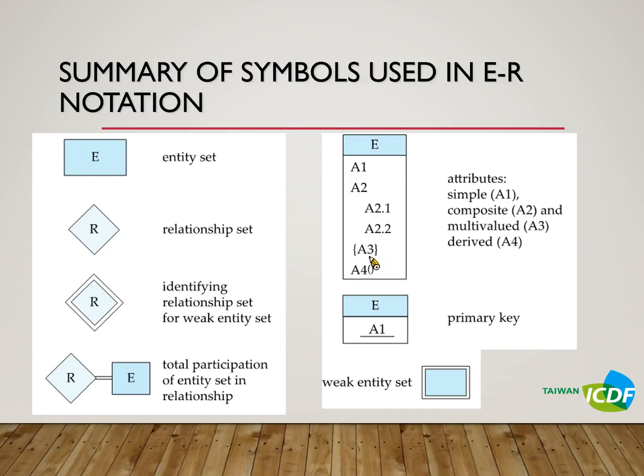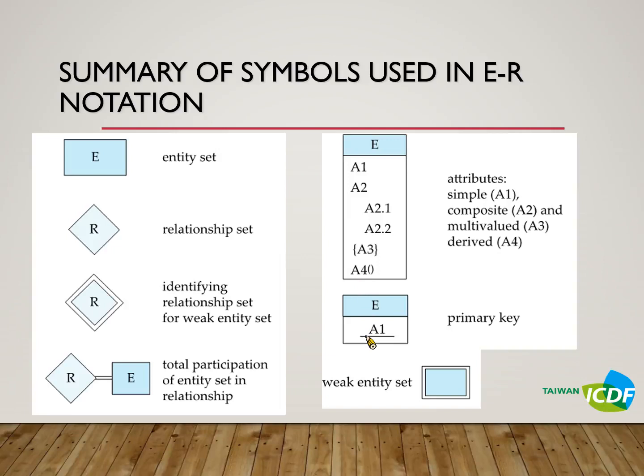And A3 is a multivalued attribute, which can be represented with a pair of braces. And A4 is a derived attribute, which can be represented with a pair of parentheses.